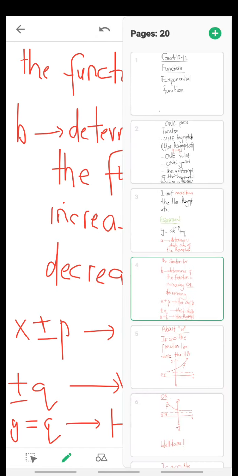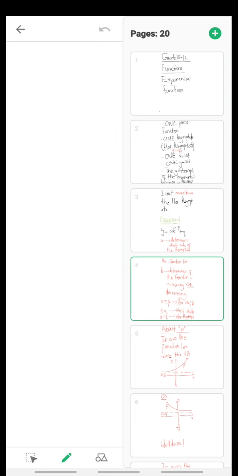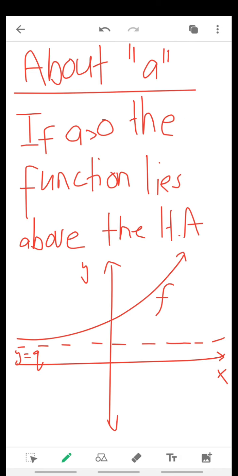Okay. Now, having said that, let us go back to each of the variables a, b, p, and q. So about a, what is it that we know about a? We said a determines whether the function will be above or below the horizontal asymptote. So if a is positive, then the function will lie above the horizontal asymptote, where the function will have all positive y values intersecting with the graph.